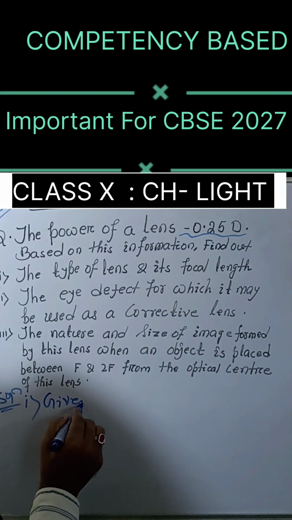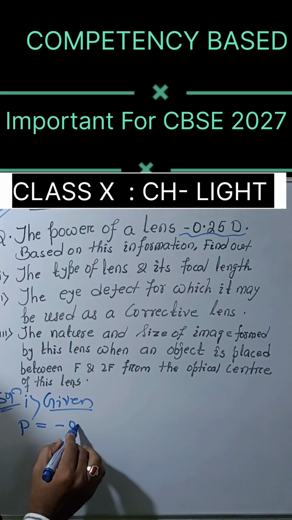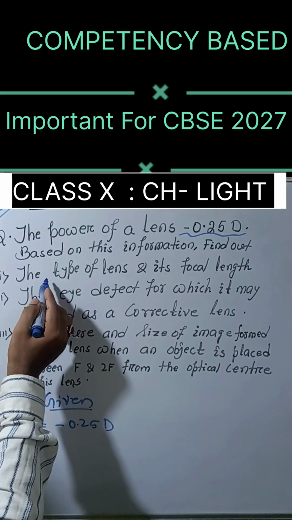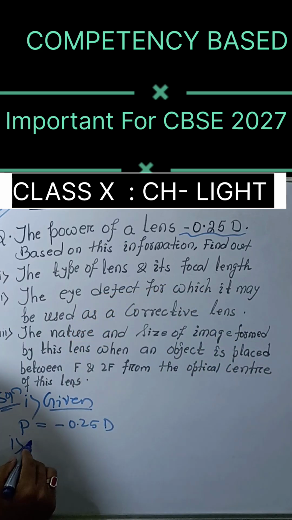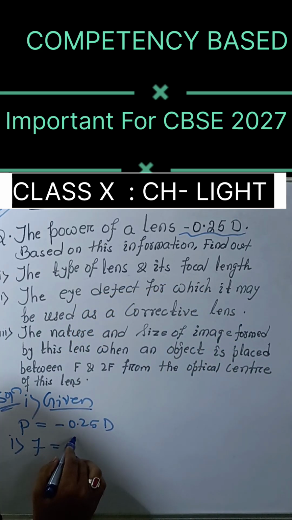Given, students, here power P is given, that is P is equal to minus 0.25 diopter. In part 1 it is asking what type of lens it is and its focal length. As you know, the focal length of a lens is the reciprocal of its power.